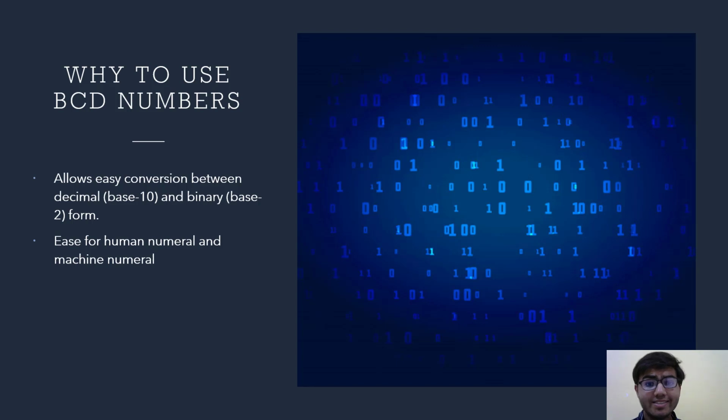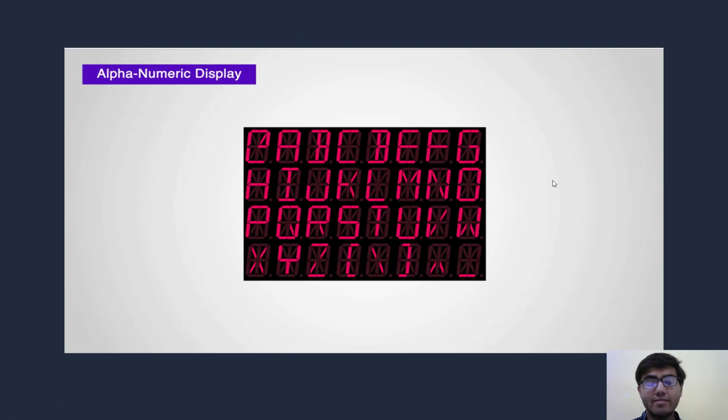Now you shouldn't think that BCD only has theoretical advantages. It has real-world applications too. In past days, when there was no LCD or such things, it was the only graphical way to communicate a result from the computer or microcontroller to the user.